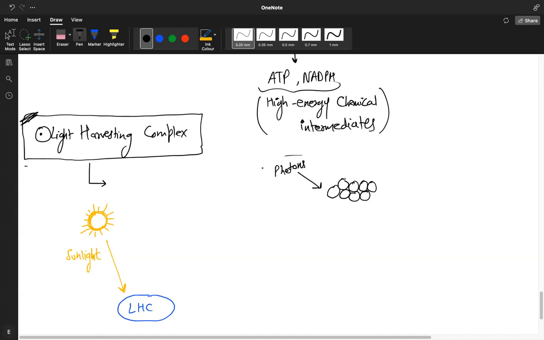What are photons from your physics? Photons are energy packets of light. So these photons are absorbed, and the light energy is basically coming through photons. These cells are containing pigments, so they are pigment containing cells, chlorophyll A, B, etc.